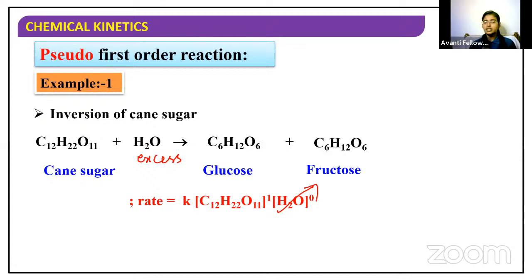So we neglect the component present in very large excess. Since water is the universal solvent and is present in very large amount, we are not considering the concentration of water in the rate equation. Clear? So this is the reason.